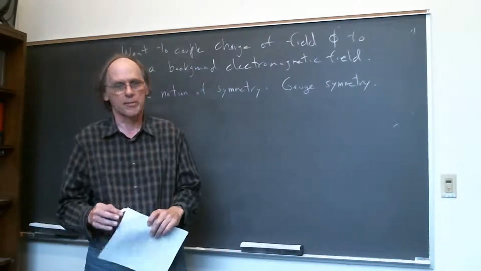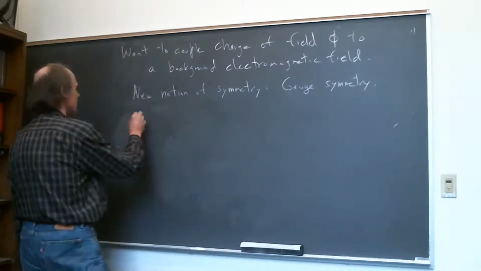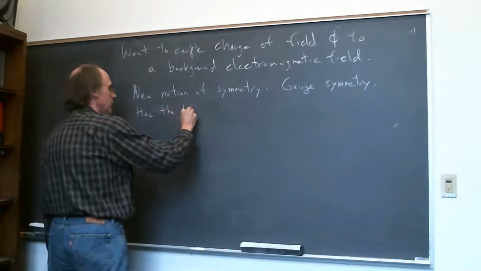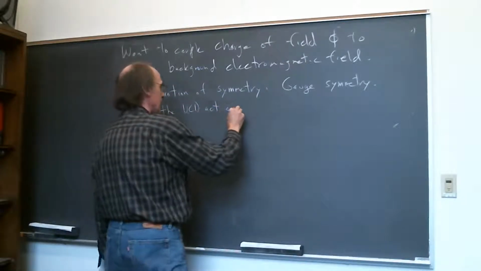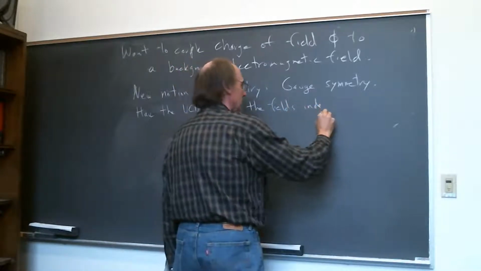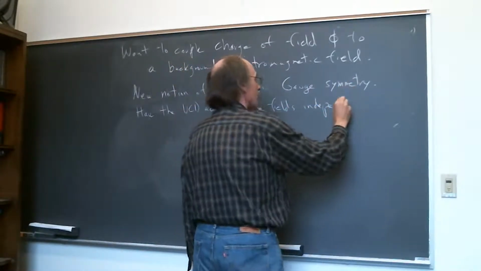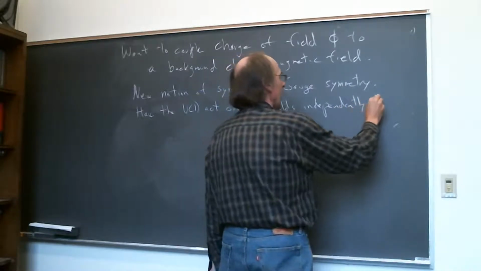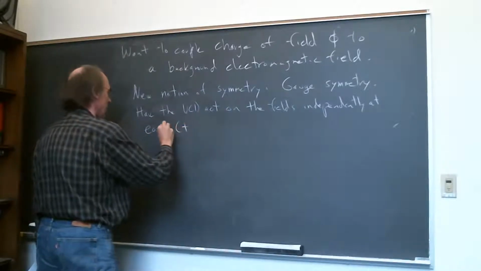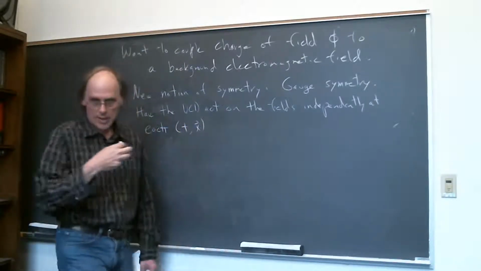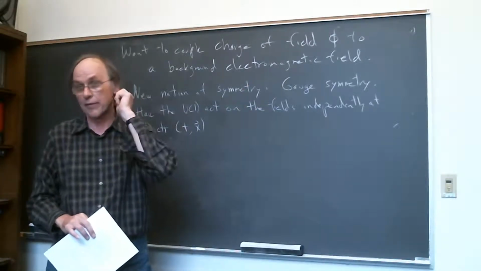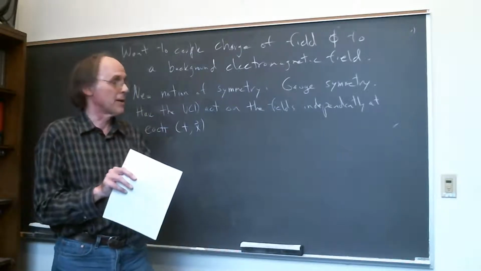That's what's called a global symmetry. But what we want to do is have the U1 act on the field independently at each point in space and time, so you're going to have a U1 group acting on the field values, but it's going to be different.